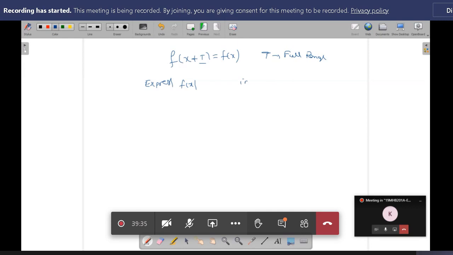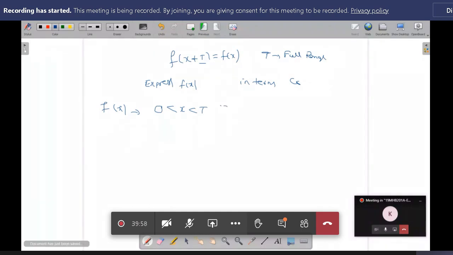in terms of either half-range cosine or sine series. Otherwise the function is defined, say, 0 less than x less than t. Suppose f of x is defined in the interval 0 to t, and it is not specified.